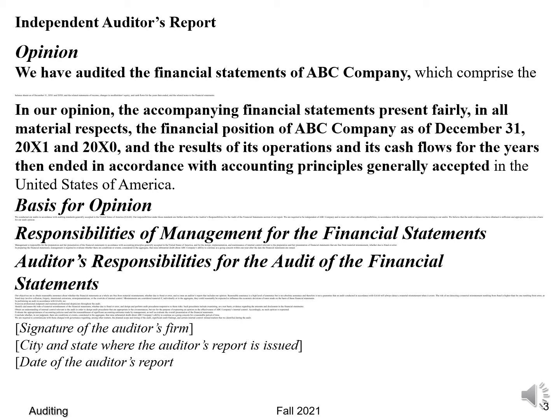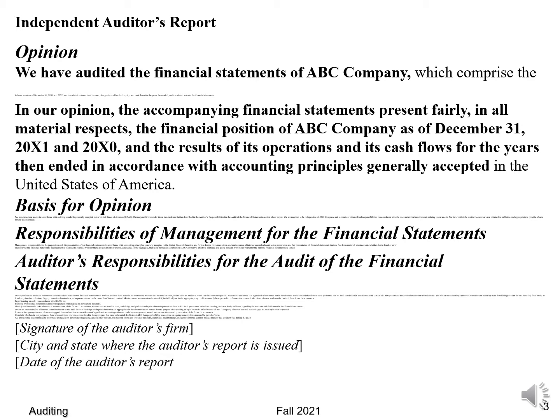In our opinion, this is big. In our opinion, the accompanying financial statements, those referred to in the first paragraph, present fairly in all material respects the financial position of ABC Company as of December 31st and the results of its operations and its cash flows for the year then ended in accordance with generally accepted accounting principles.